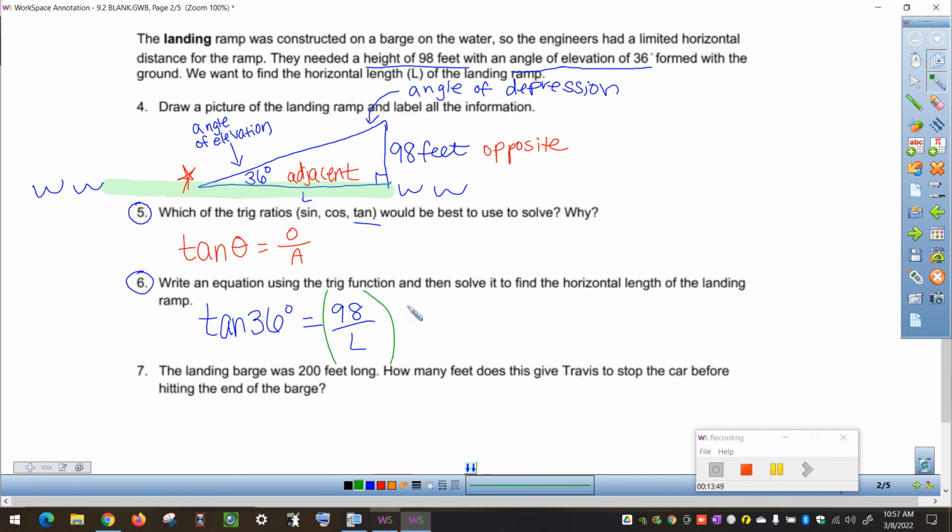If we multiply both sides by 98, then we have 98 times 98 divided by L. We still have a fraction. So we want to multiply both sides by L. That's how we're going to get that to cancel. Now I'm going to write off to the side what we're left with. It's L times tan of 36 degrees is equal to 98.